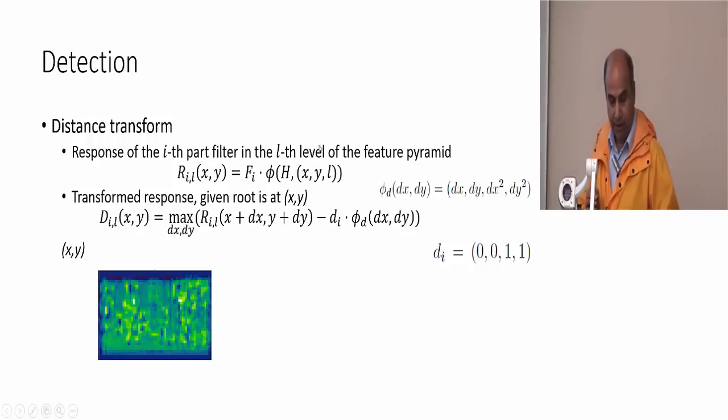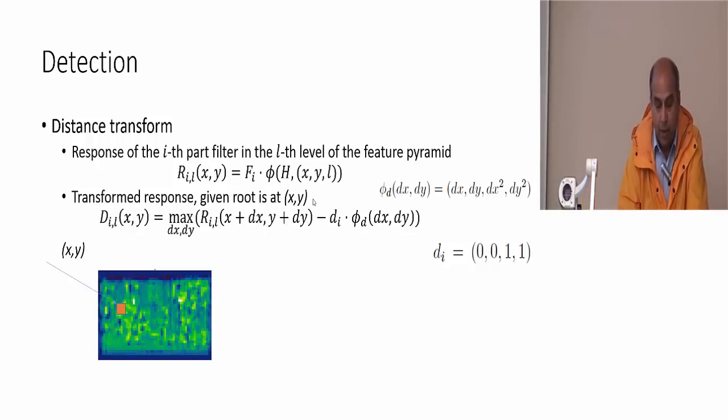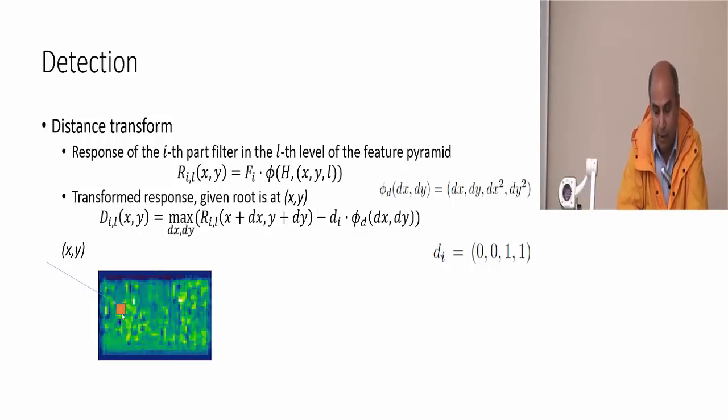Then this operation essentially will give you, so what we are doing, let's say this is the location P0 where the root is, then we are looking at the small neighborhood around that, which is governed by this, and finding all the values of this.